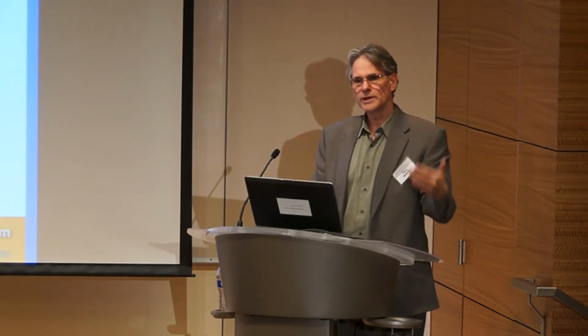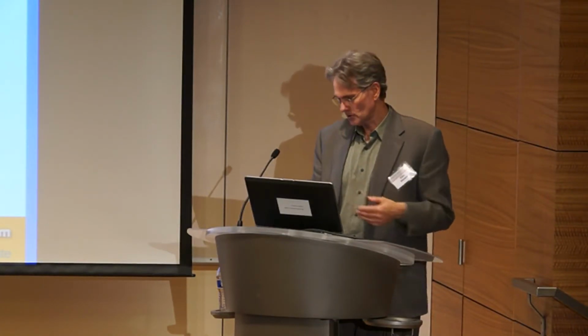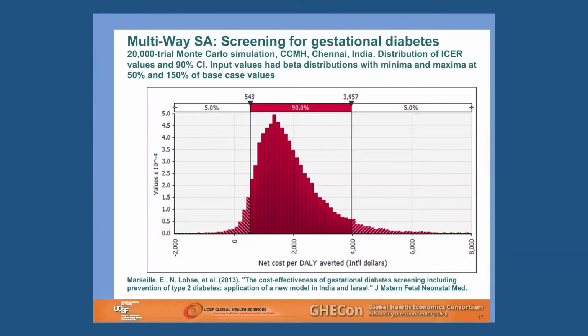So one-way sensitivity analyses, very useful, but limited in that you're only seeing the effect on the ICER of changes in one variable at a time. There are programs that will allow you to assess the simultaneous uncertainty in all of the parameters in your model.